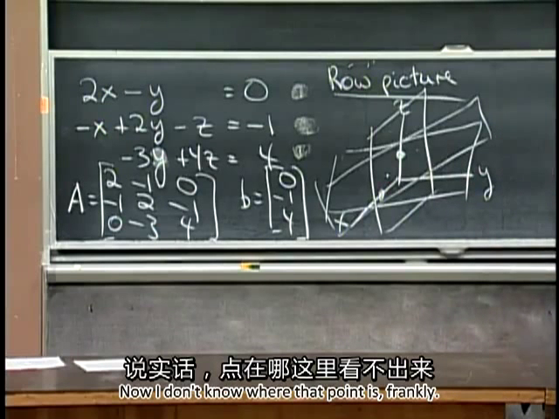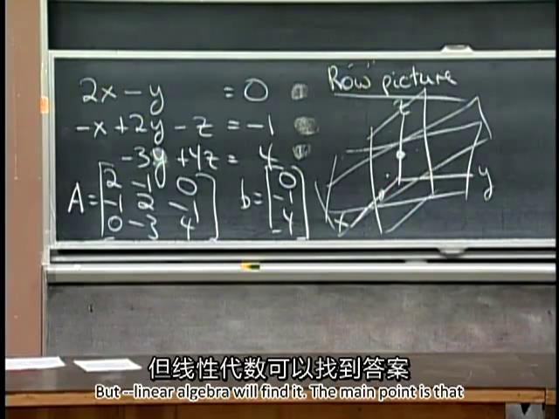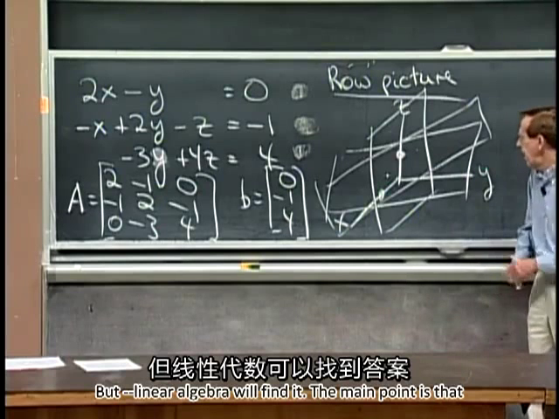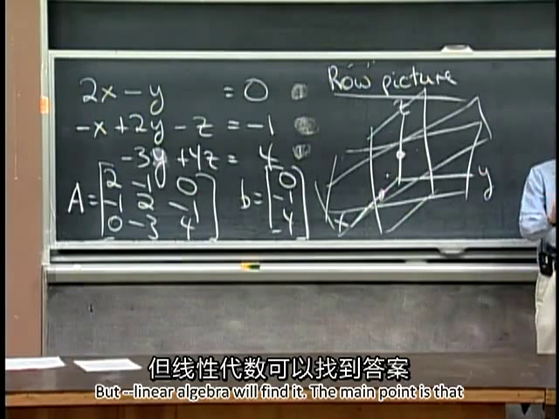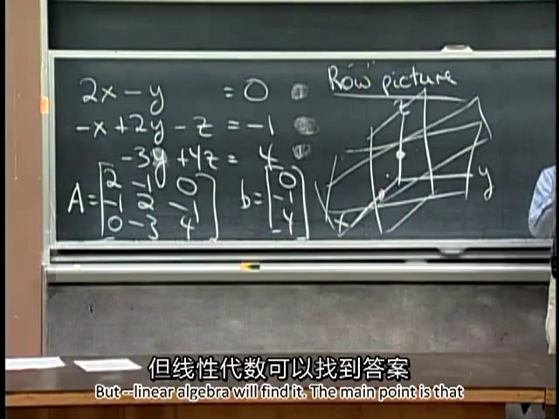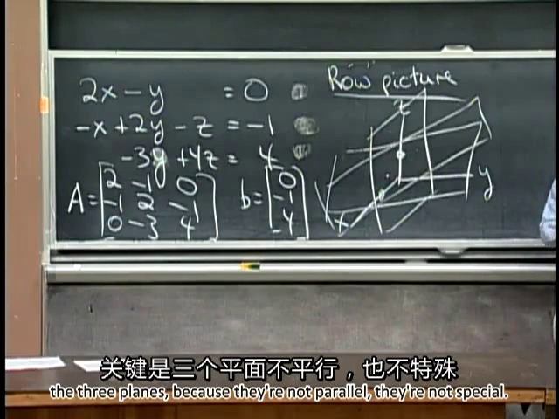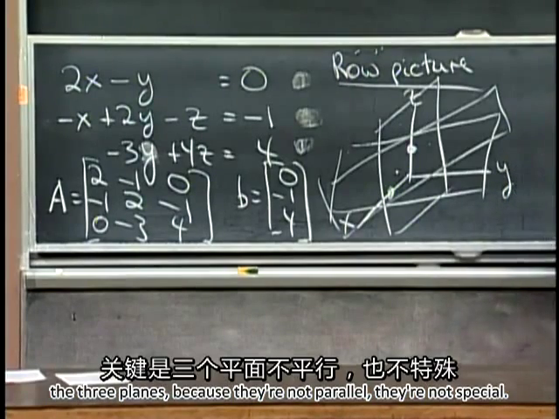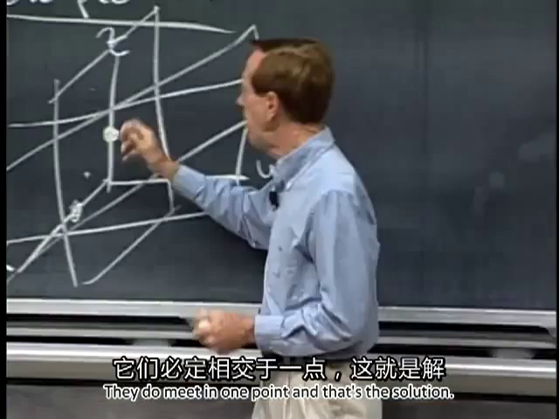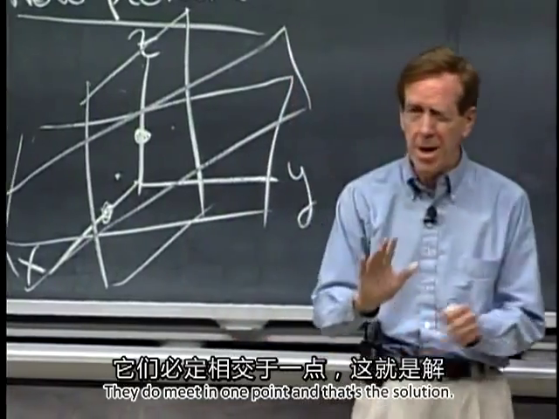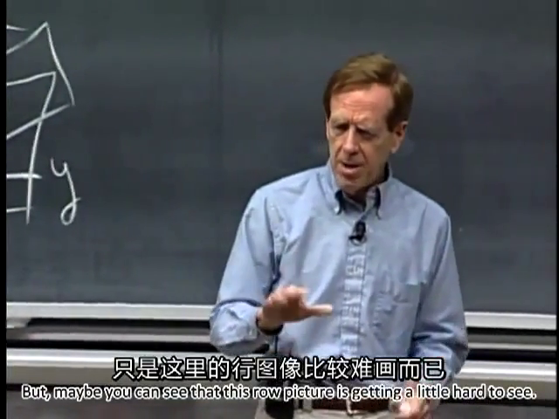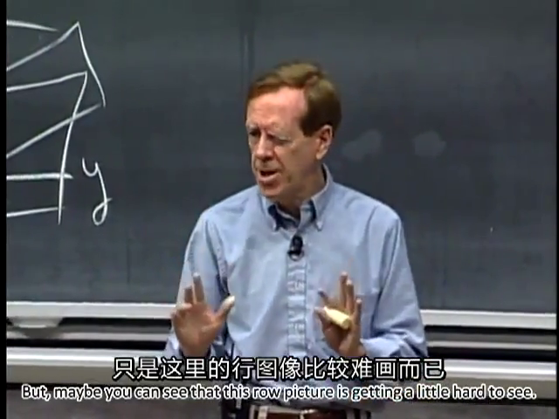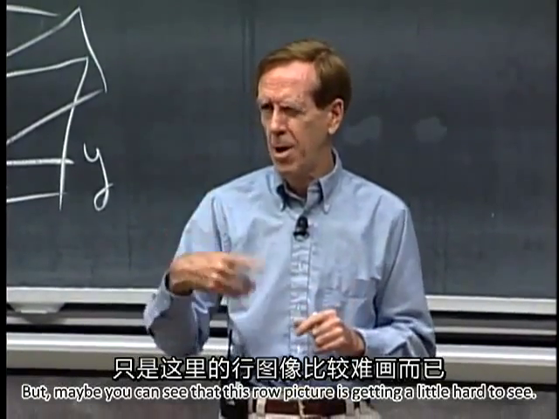Now, I don't know where that point is, frankly, but linear algebra will find it. The main point is that the 3 planes, because they're not parallel, they're not special, do meet in one point, and that's the solution. But maybe you can see that this row picture is getting a little hard to see.